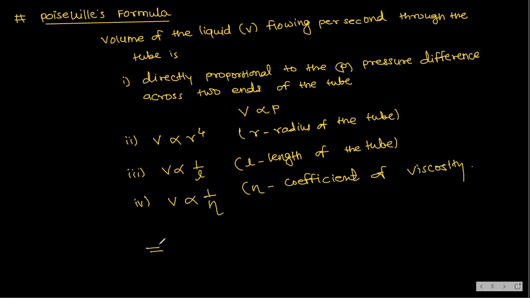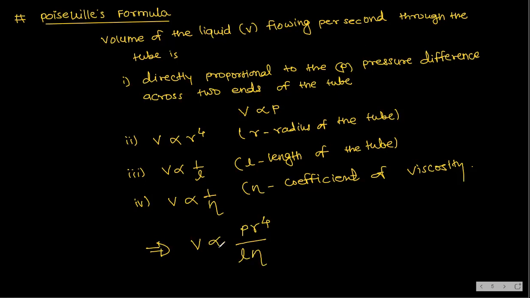So what we are getting is volume per unit second is directly proportional to P r power 4 divided by L into eta.